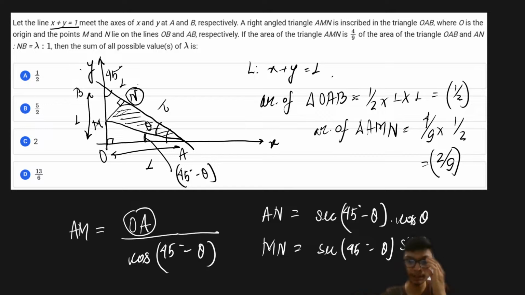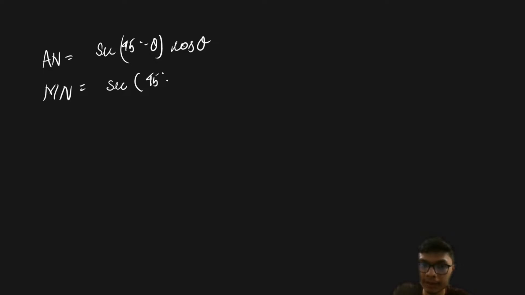So from this particular information, I have AN, which is equal to sec of 45 minus theta into cos theta, and I have MN as secant of 45 degrees minus theta into sine theta.